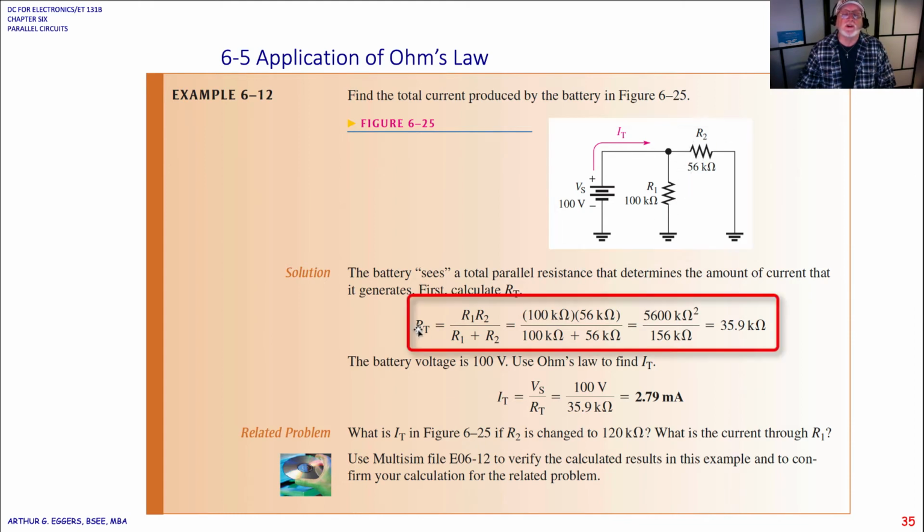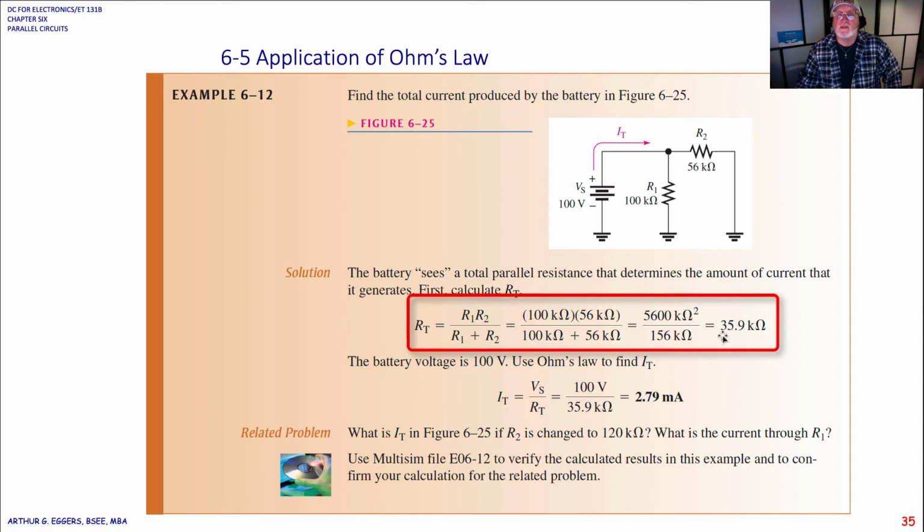So the first thing we're going to do is calculate the total resistance using the product over the sum. And we end up with 100K times 56K divided by the sum of 100K and 56K, which gives us 156K. Divide that into 5,600 K ohms squared, and we get a value of 35.9 K ohms. So that's the total resistance of these two.